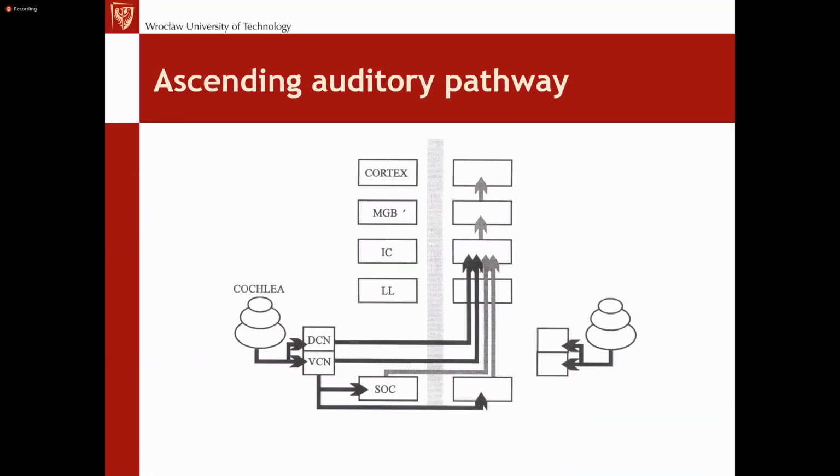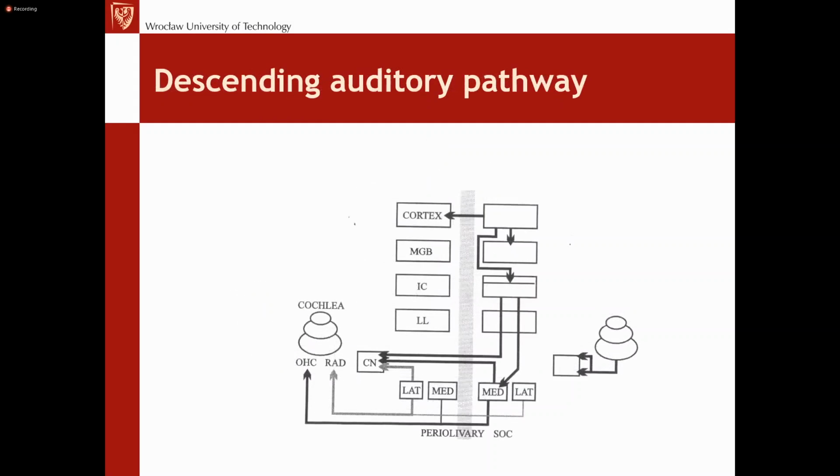So, as I said, the ascending auditory pathway from the outer ear into the brain goes mainly by the inner hair cells, and the descending auditory pathway works mainly due to outer hair cells.